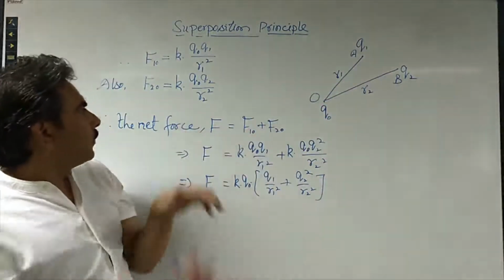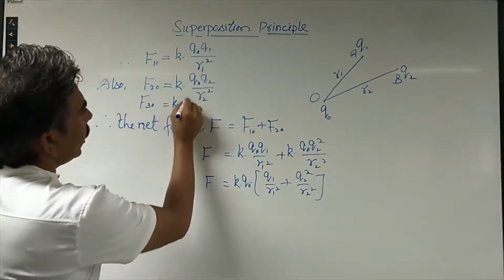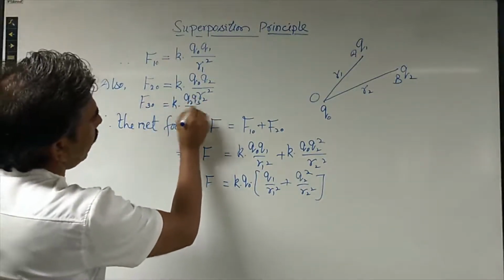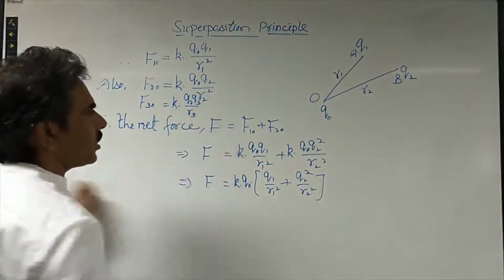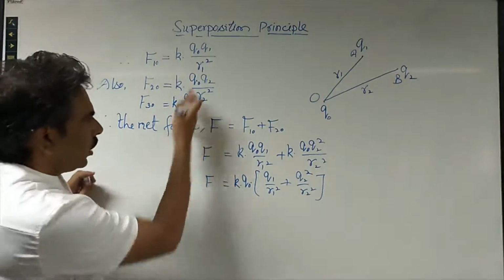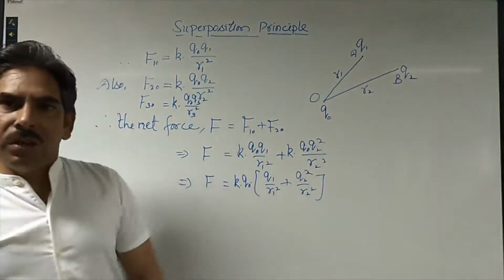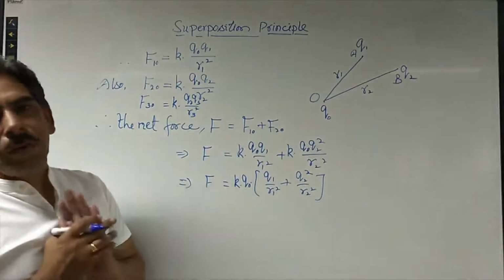Here comes F30 as K into Q naught Q3 upon R3 square, if we take the distance of the test charge from the third charge Q3 as R3. You can also include this third term here. So this can be continued for a discrete number of charges.